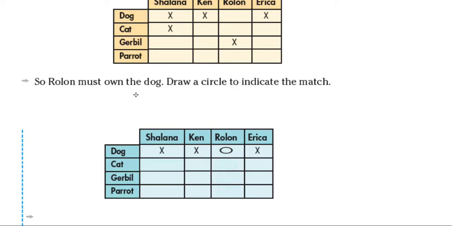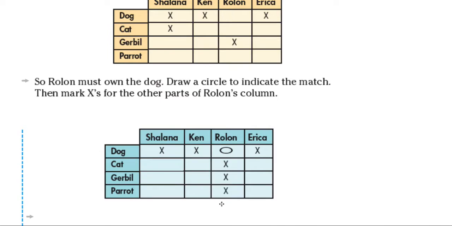Then mark X's for the other parts of Roland's column. If Roland owns the dog, obviously he doesn't own the cat, the gerbil, or the parrot. So we add the other X's that we made from the previous table.